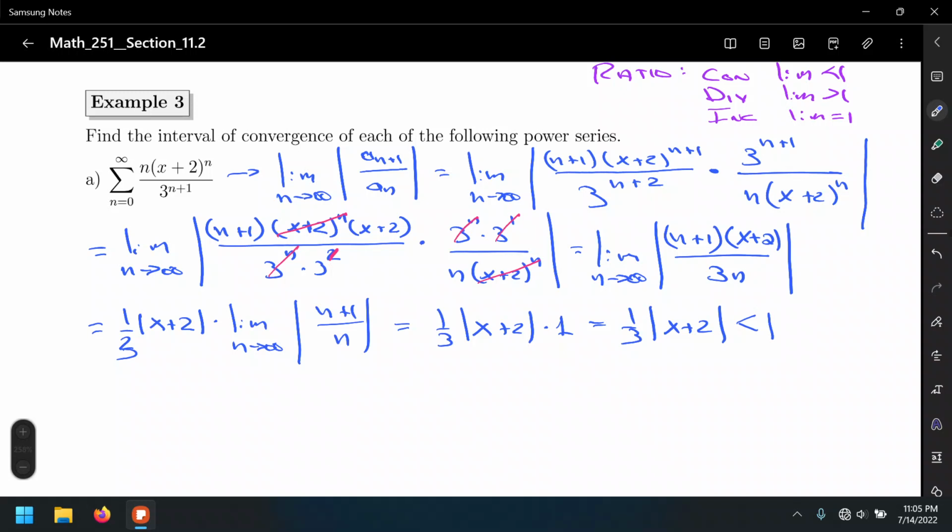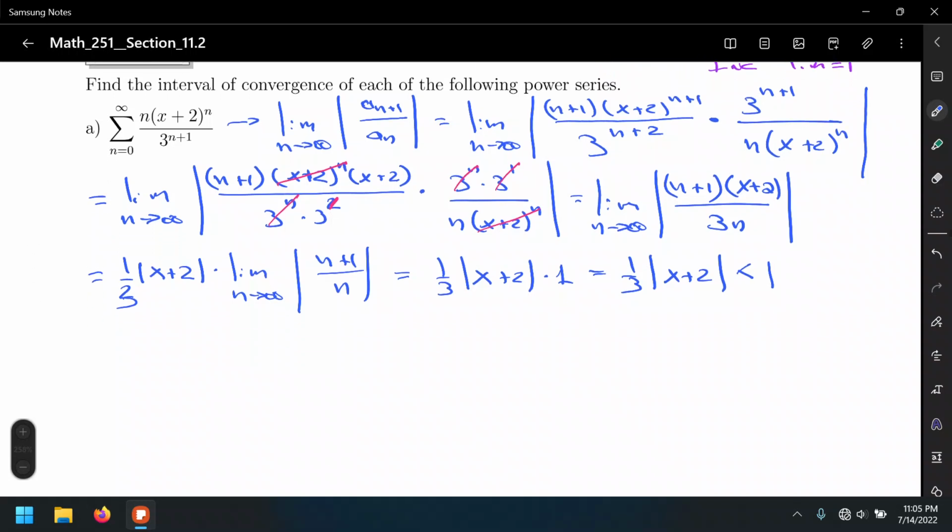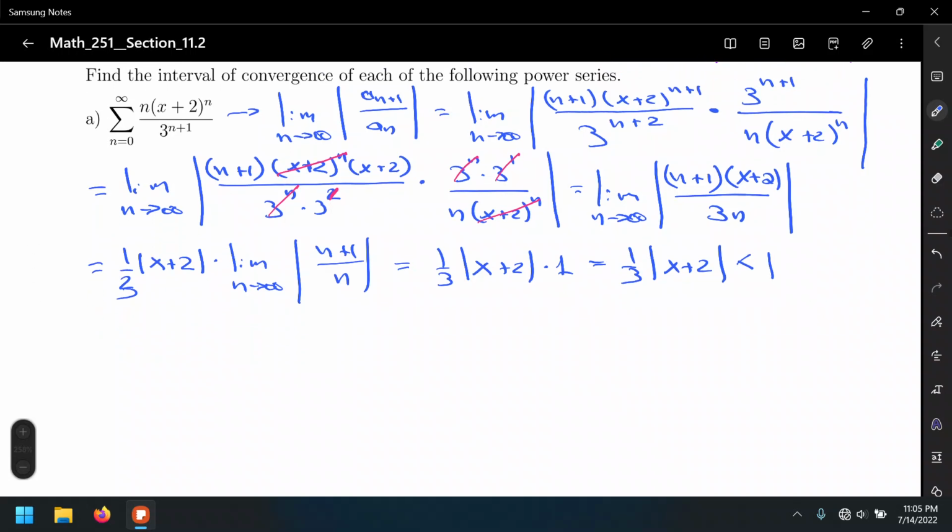For power series, when we use the ratio test, we set the final limit less than 1, because that's the condition for convergence. If we were investigating the interval of divergence, then we would have set this inequality greater than 1. But no, we don't want to find the interval of divergence. If it diverges for whatever values, that's the end of the story; we're interested in the interval of convergence. So let me set this inequality on the side.